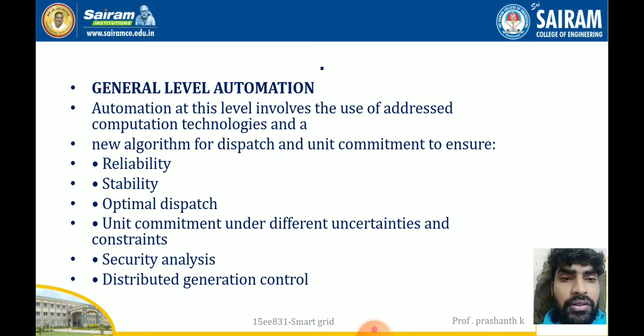Distributed generation control: in the sense of how the smart grid implements the integration of distributed generation. Suppose we are generating from a solar power plant privately, so that goes to the power stations. Distributed generation means implementing more generating stations like solar, wind, nuclear, thermal, and hydel power plants, just distributing the power supply generation.